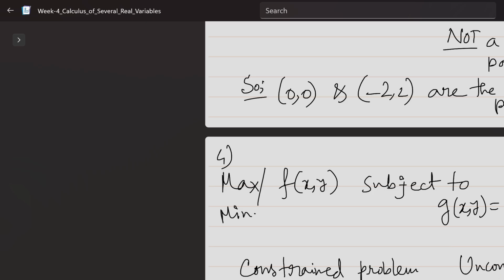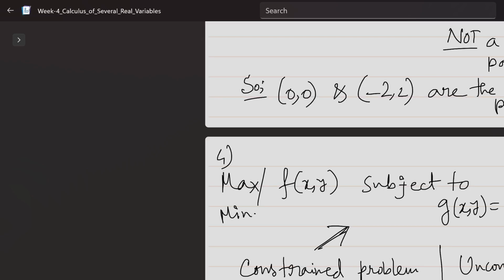Unconstraint means in your first problem, if you see, you have to find local maximum subject to no condition. So there is no constraint. Unconstraint problem means your first problem or second problem or third problem, where there is no condition on the point x comma y, where it lies, or whether it is positive, negative, no condition.